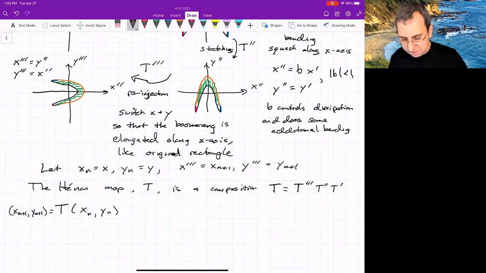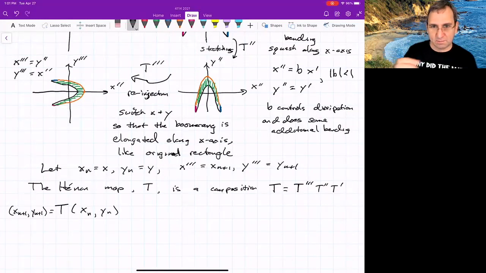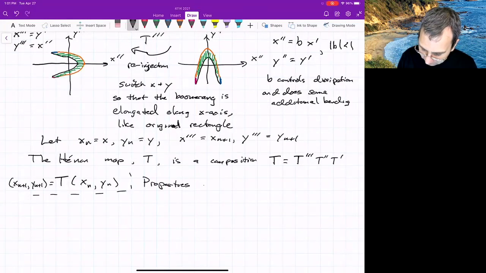Now there are some interesting properties to this. And Hénon was, again, motivated by the Lorenz system. The Lorenz system is an ODE, which means that every point has a unique back trajectory. And now we're talking about properties of the Hénon map.